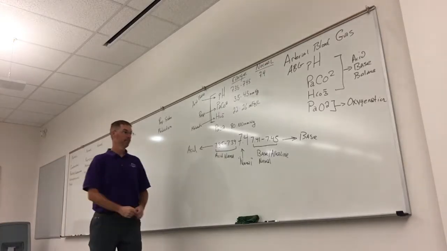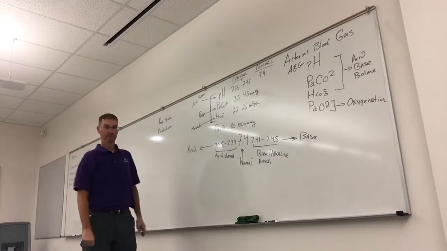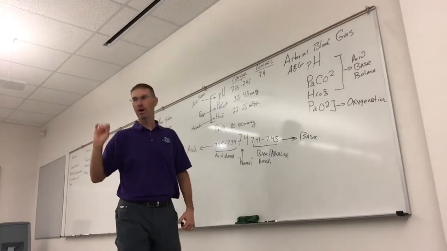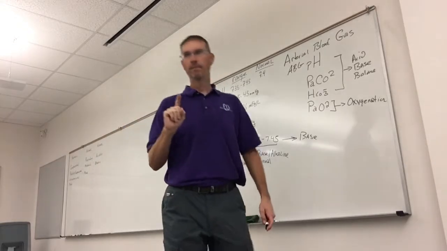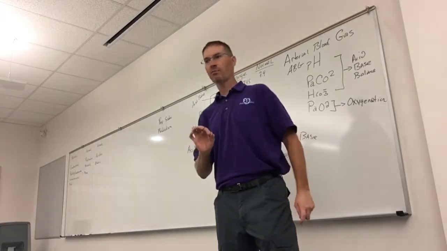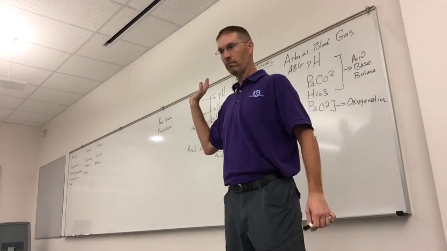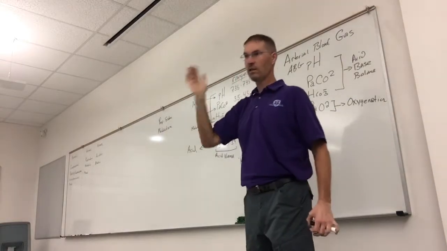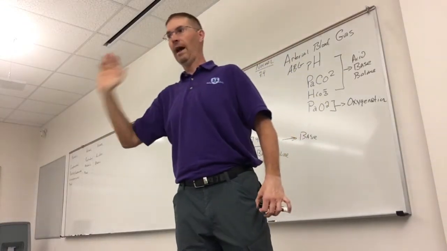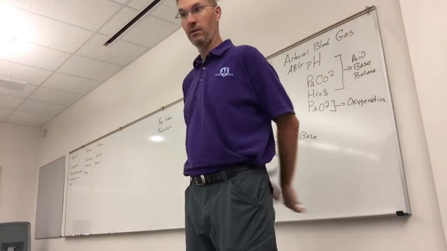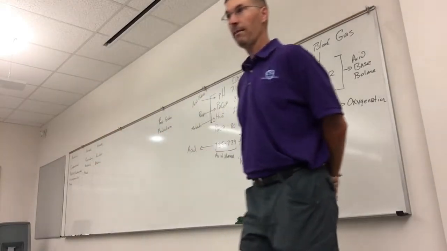Okay. That's step one. Step one is look at the pH, and is there a problem with the pH? If the pH is 7.4, is there an acid-base problem? No, right? You don't even really have to look at the other values. If the pH is 7.4, you know acid-base is good to go, right? And we would call that normal acid-base balance. You guys okay with that?